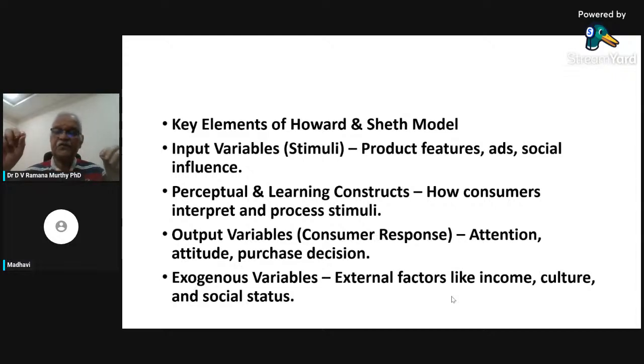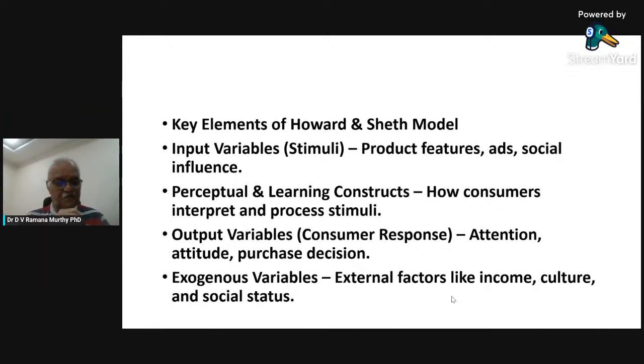If you present your advertisement or product features, it should necessarily get the attention of the consumers. That's one. Second, they have to form a positive attitude towards that particular product.